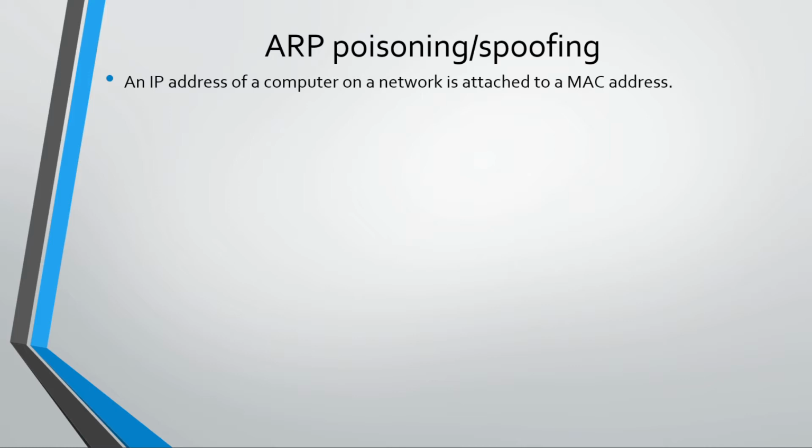Just to put it into perspective, if we were to go on to our drawing, with a MAC address, you will have PCs on a network. Say we have some PCs on a network and they're connected together by a switch in the middle.